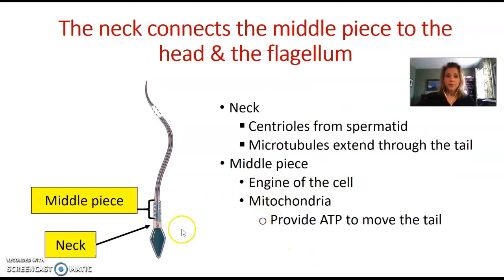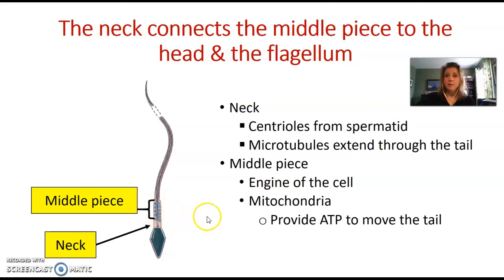The middle piece of the sperm, which contains the mitochondria, is connected to the head by the neck. The neck contains centrioles, and this is where microtubules that form the flagellum are going to begin. The middle piece of our sperm is the engine of the cell.